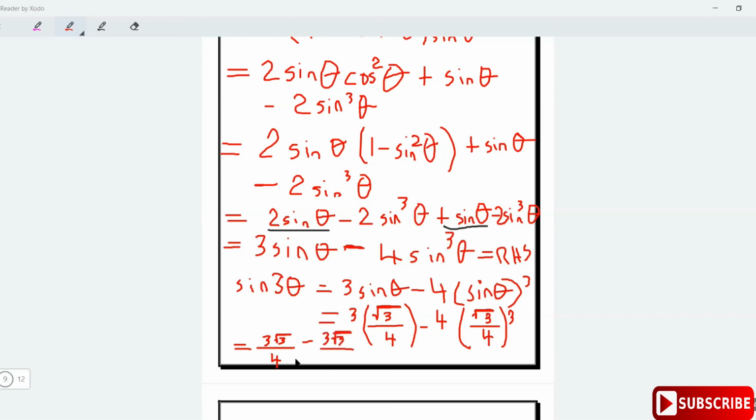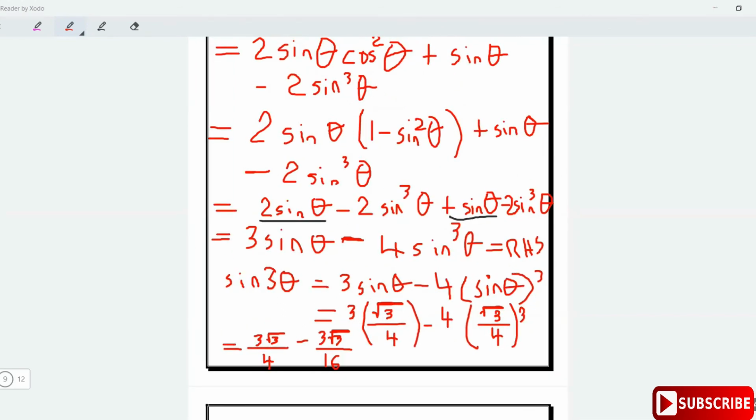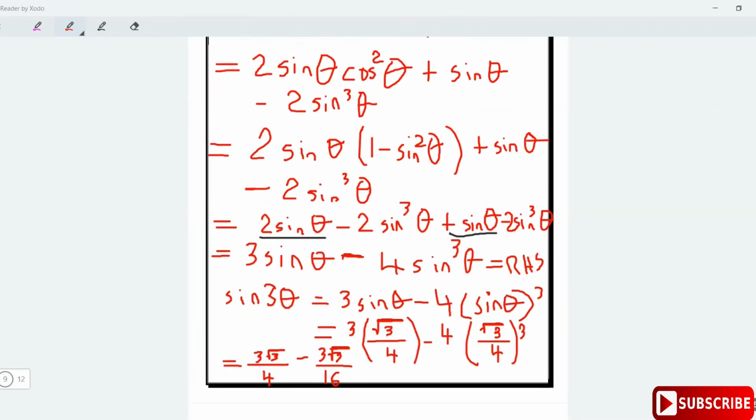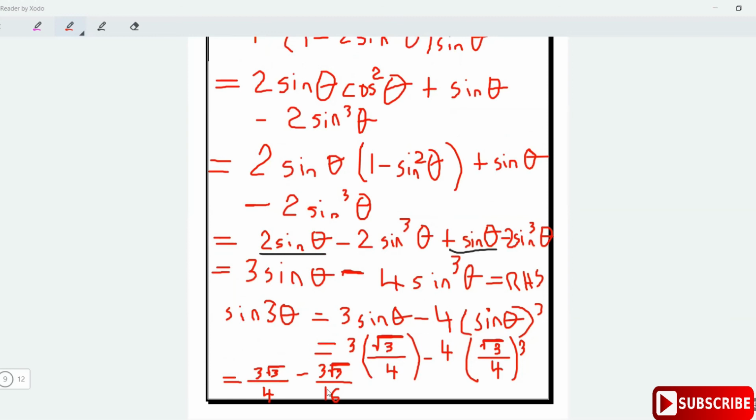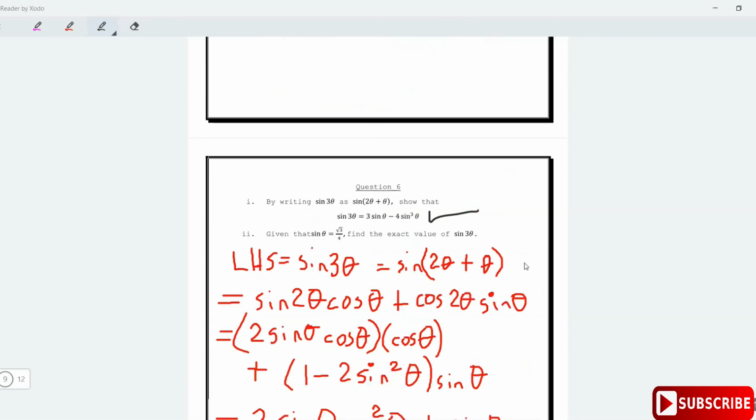So it's 3 root 3 over 4 minus 3 root 3 over 16. You may simplify it and write it as one fraction if you wish, but I'll leave it right there. We could simplify this by saying this is 12 root 3 over 16, and then 12 minus 3 is 9. So the final answer would be 9 root 3 over 16. The final answer is 9 root 3 over 16.